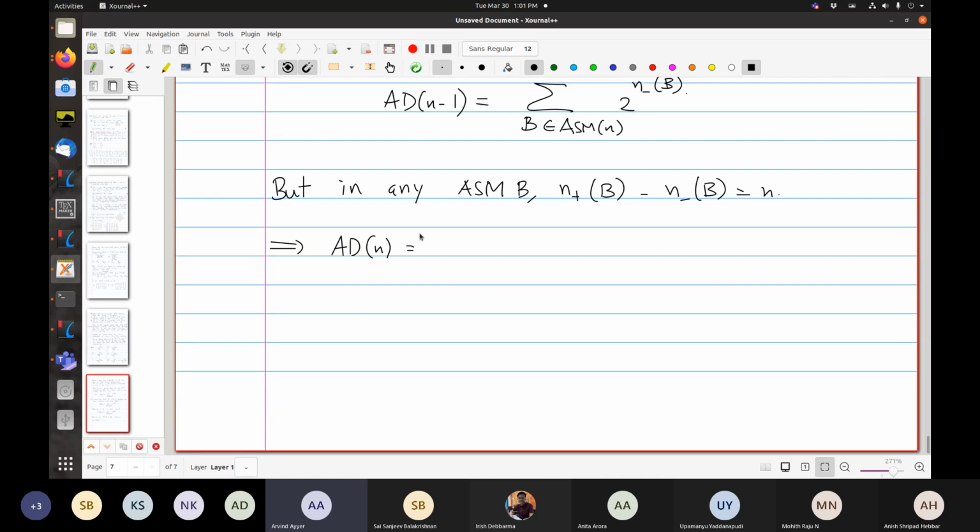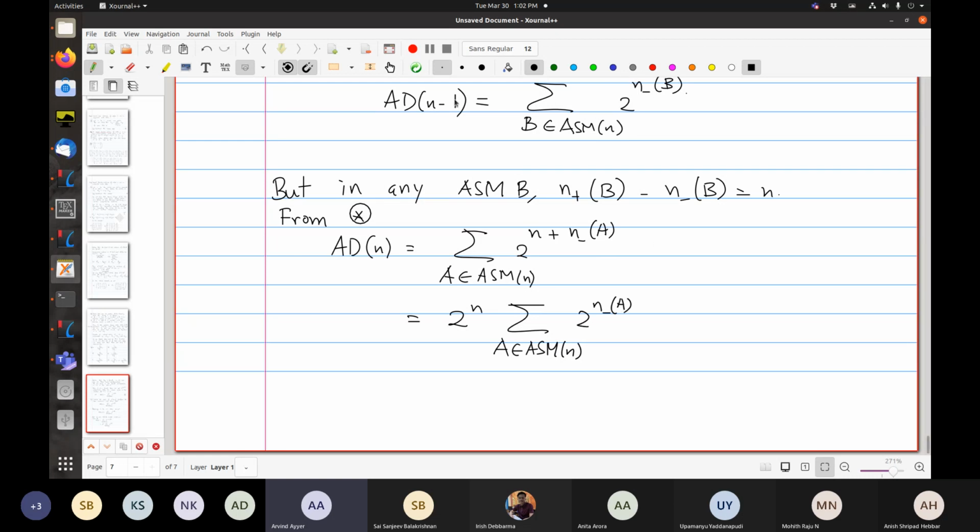So AD of n from star is the sum over A in ASM of n, 2 to the n plus of A, which is now n plus n minus of A, which is equal to 2 to the n, that comes outside. And now I have a sum over A in ASM of n, 2 to the n minus of A.